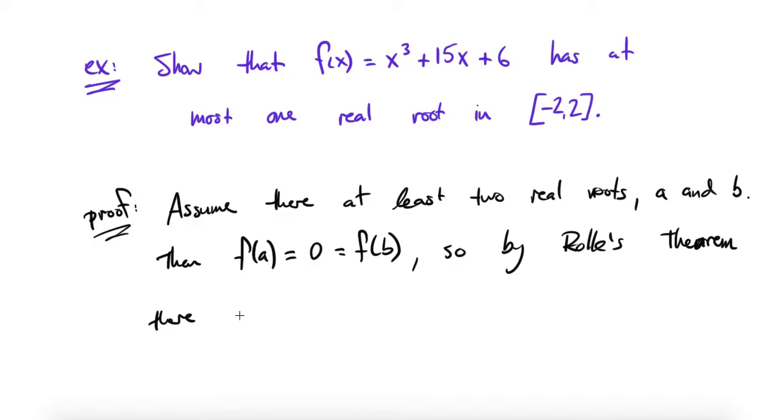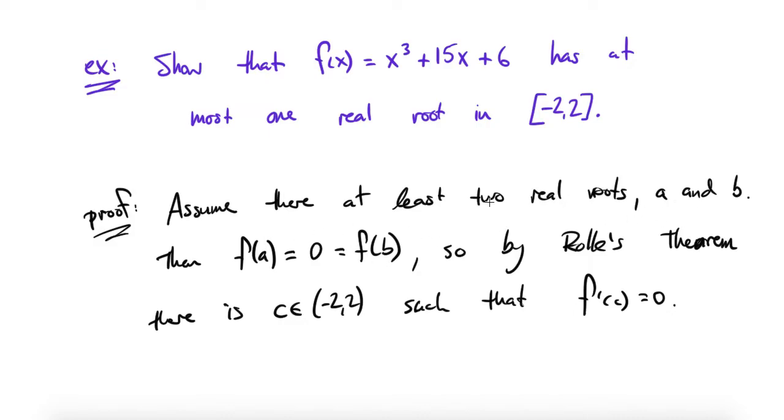We know there is a c specifically in between -2 and 2 because a and b are both in there as well. We know that c really lives between a and b, but we don't know where a and b live in this interval. So there's a c somewhere in here such that f prime of c equals 0, right?